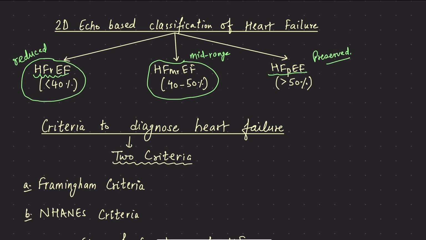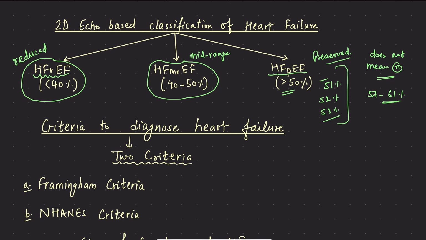Preserved does not mean normal. Normal is basically 57 to 61%. But here, if ejection fraction is more than 50, it may be 51, maybe 52, maybe 53. So these individuals we will classify as heart failure with preserved ejection fraction.